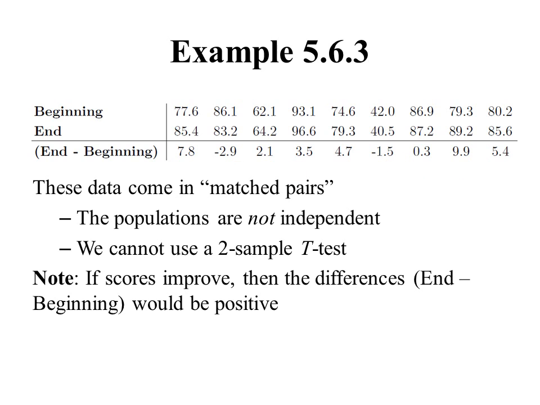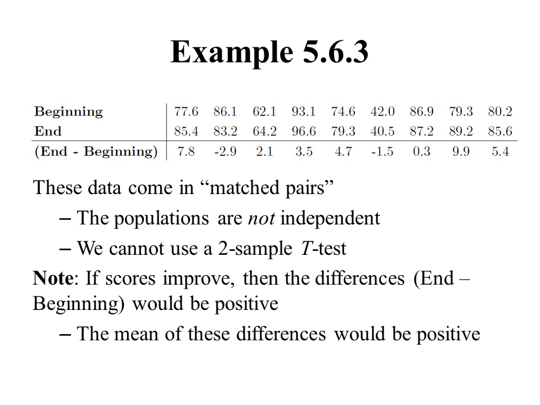So most of these differences are positive, which indicates that scores really do improve. Now, if most of those differences are positive, that would mean that the mean of these differences would be positive. If we added up all of these differences and divided by the number of differences, that result would probably be positive.